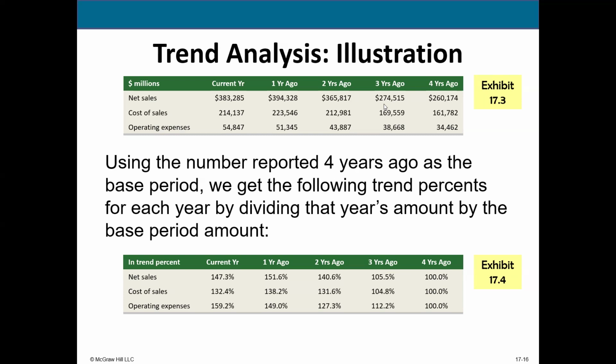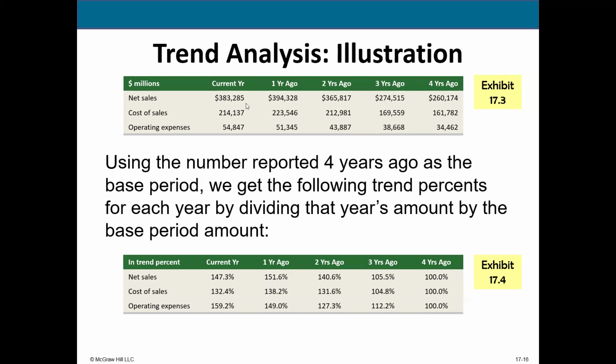So, for example, net sales 3 years ago was 274. The base amount was 260. So 274 divided by 260 is 105%. 2 years ago, 365 divided by 260 is 140%. 1 year ago, we had 394 divided by base year 260, 151%.